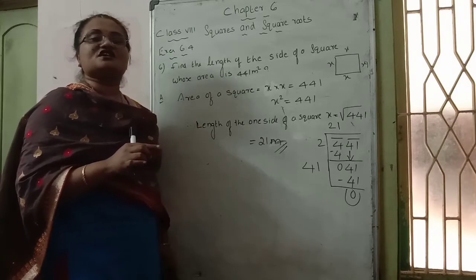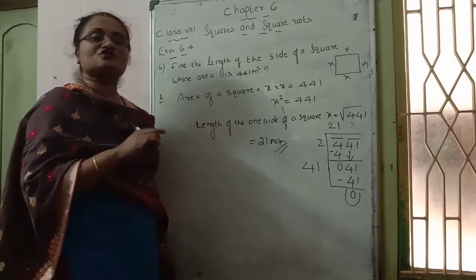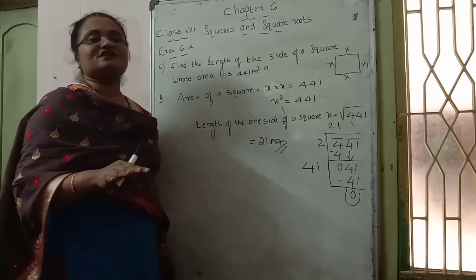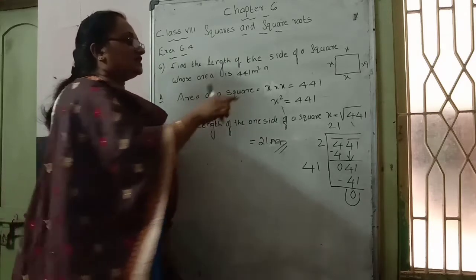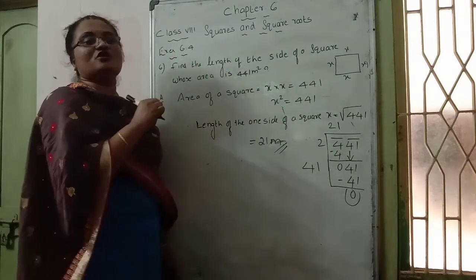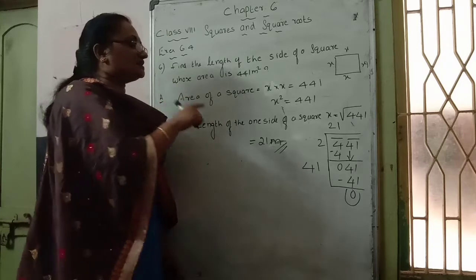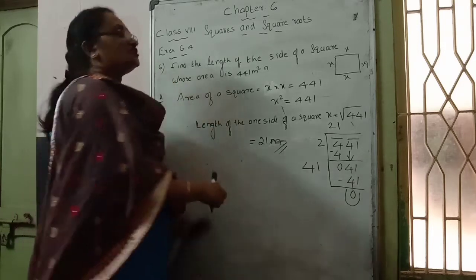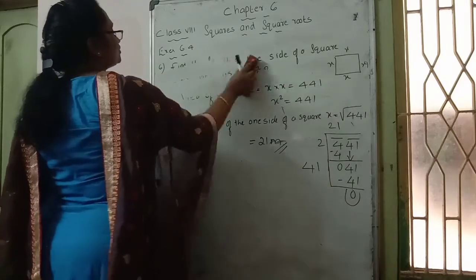I hope you understand how to find it by the long division method or prime factorization. Any method you can apply. Here I continued with the long division method, and the side of the square is 21 meter, which is the answer. Next, let's go through the 7th question.